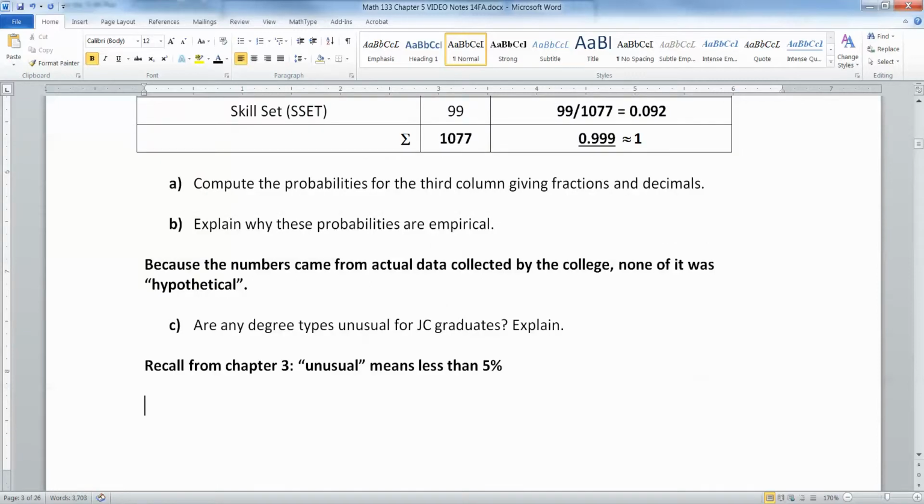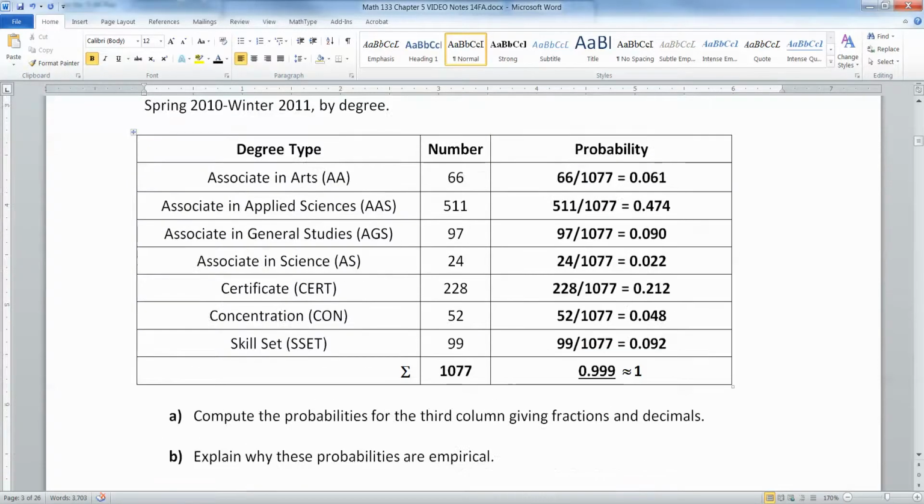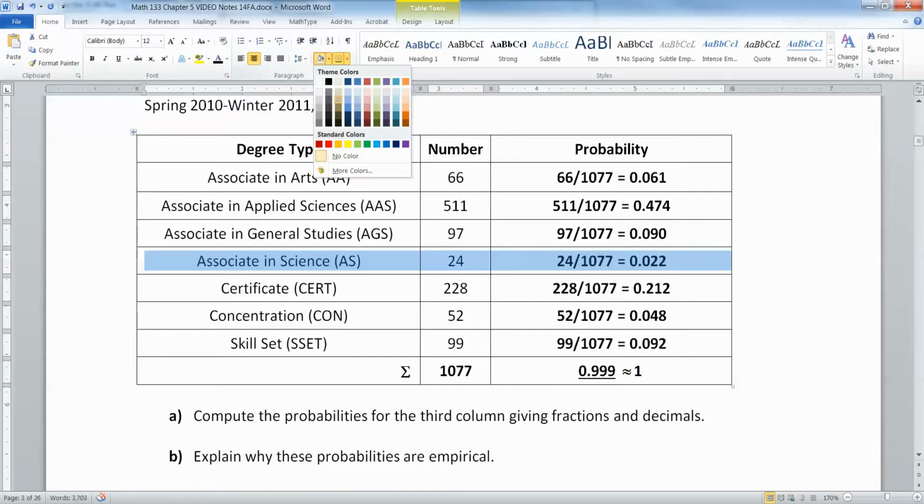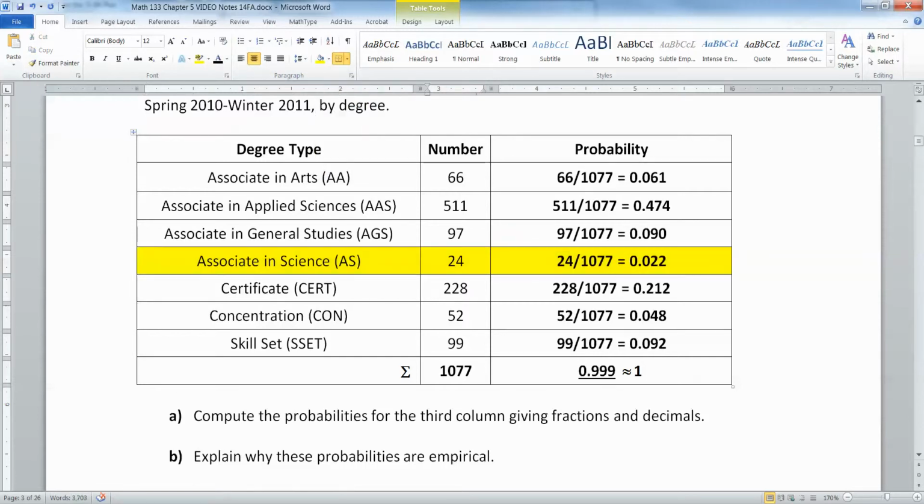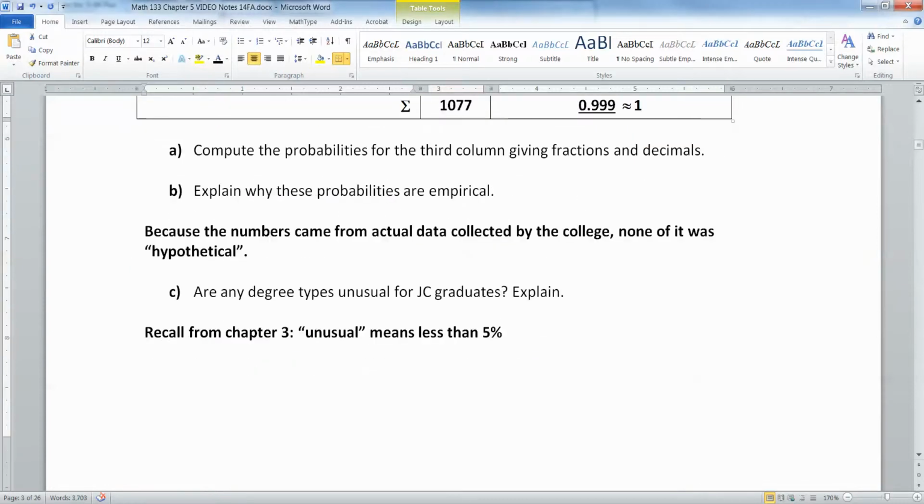So do we have anybody that is less than 5%? Sure we do. We have the associate in science right there. That's less than 5%. And concentration, that one's less than 5%. And those two are the only ones. So both of those would be considered unusual because they have a less than 0.05 probability.